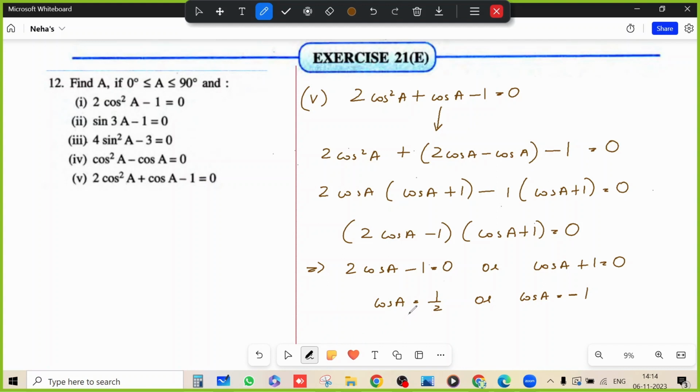Now we know that cos 60 degree is equal to 1 by 2, but no value of A between 0 degree and 90 degree will give us the answer as minus 1. So we will discard cos A is equal to minus 1, and from the first part we will conclude that A is equal to 60 degrees, and this is the answer.